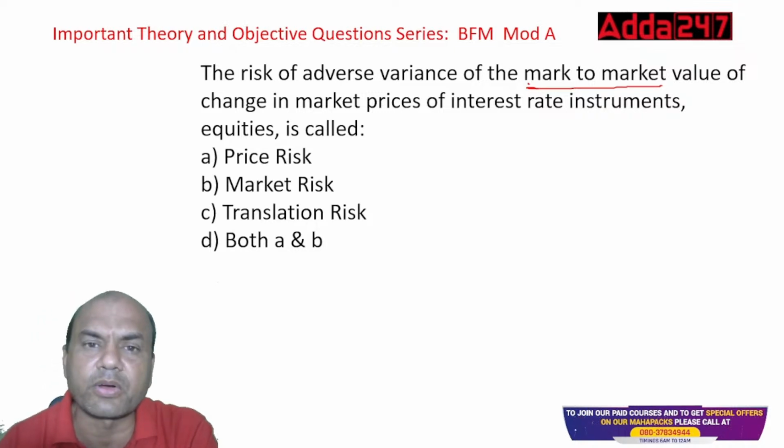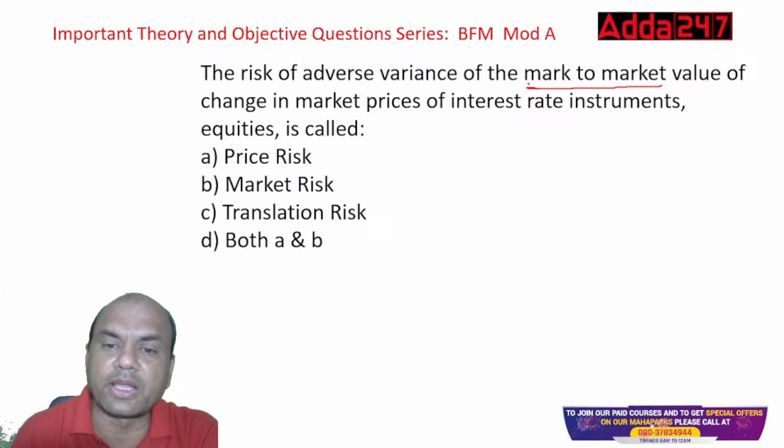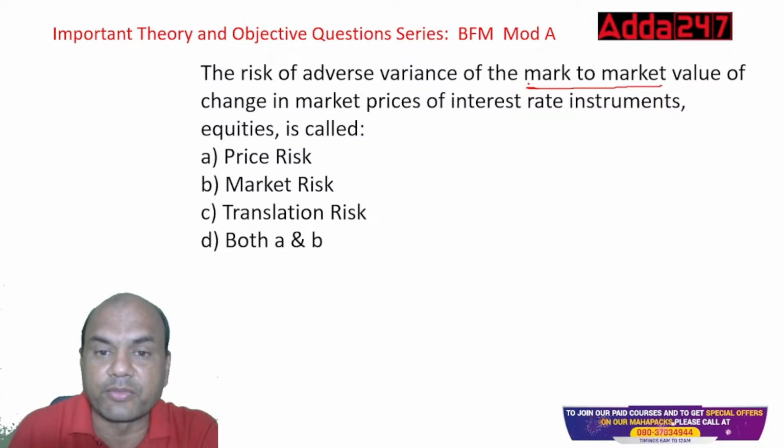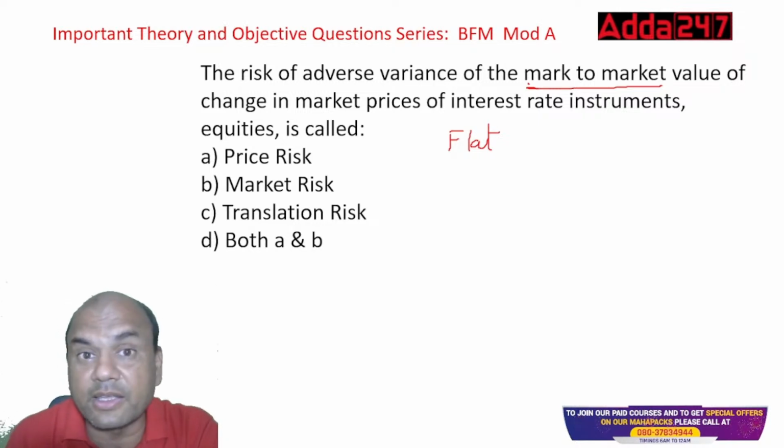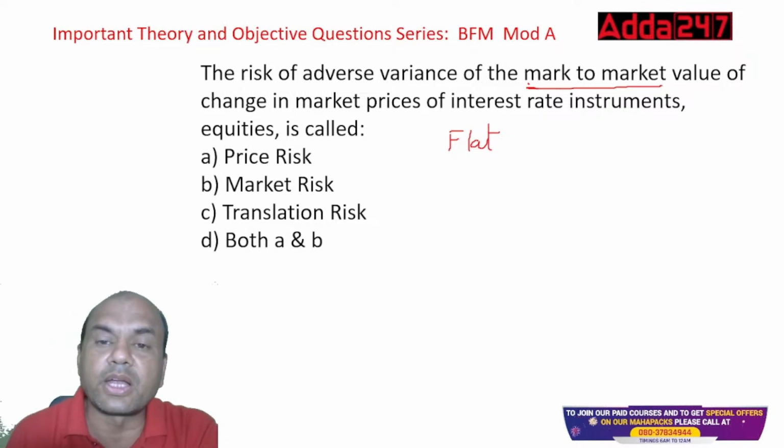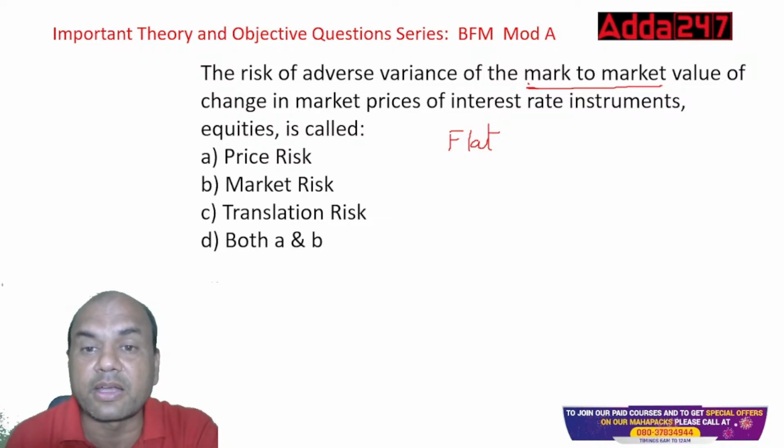Suppose you have purchased a flat for staying. You won't be selling it now because you are staying in it, but you get daily rates for it. Brokers come to you and say, sir, you bought the flat at, let's say, 30 lakhs, and now it is worth around 50 lakhs.